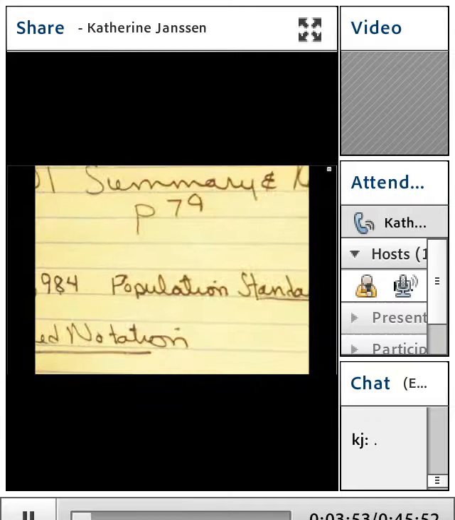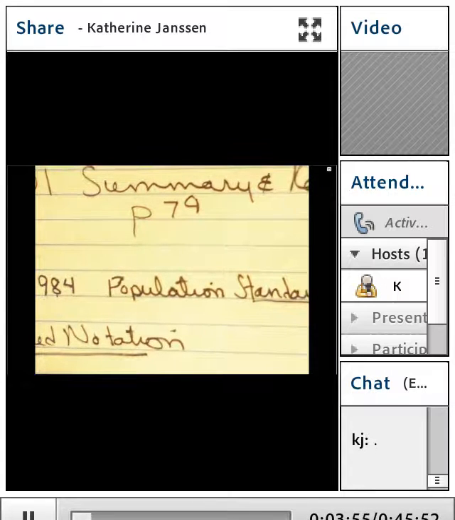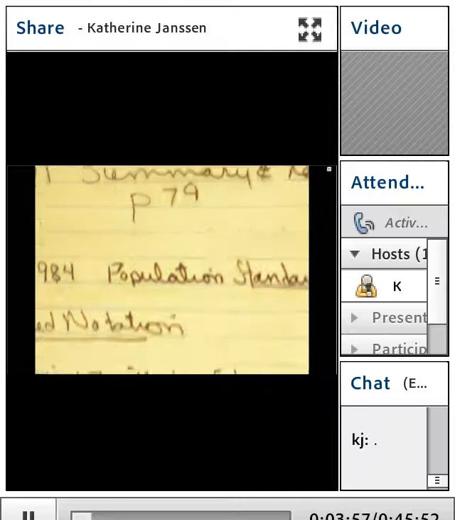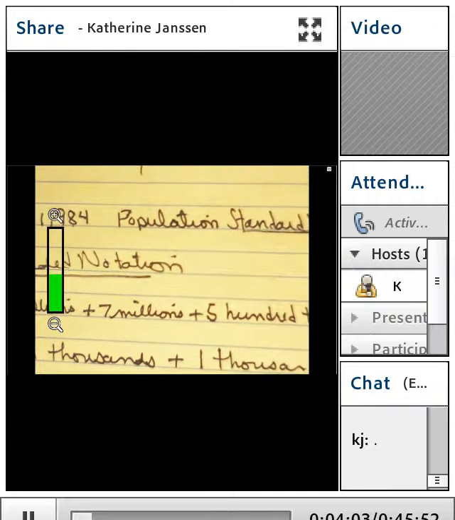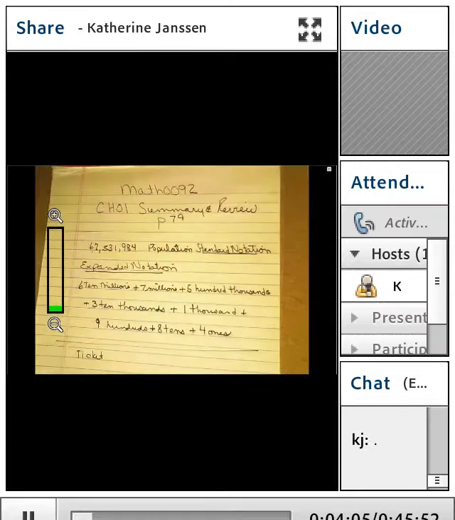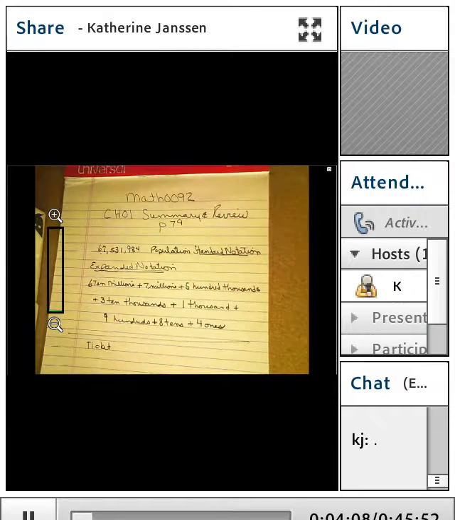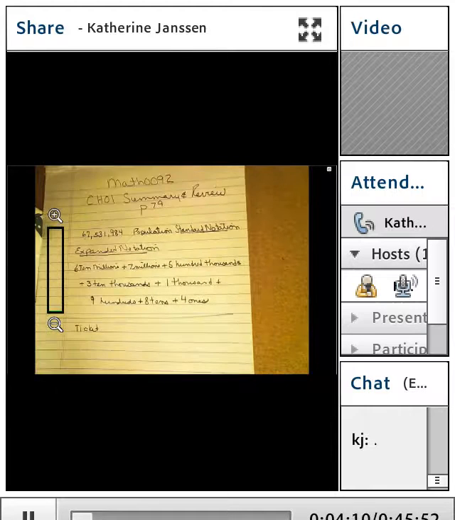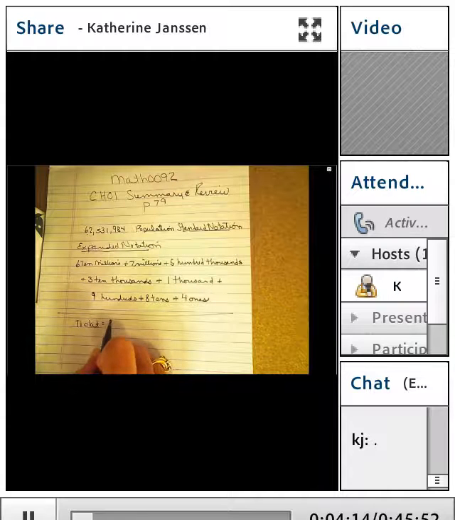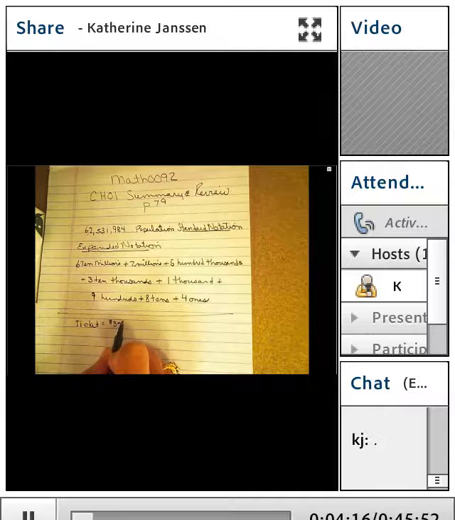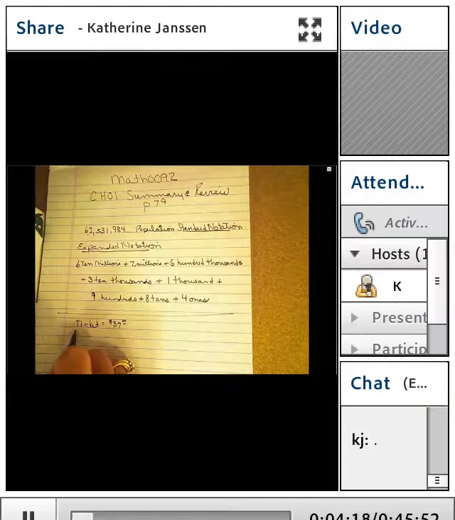Okay, so the ticket price equals $37. And the total sales was equal to 1,628.